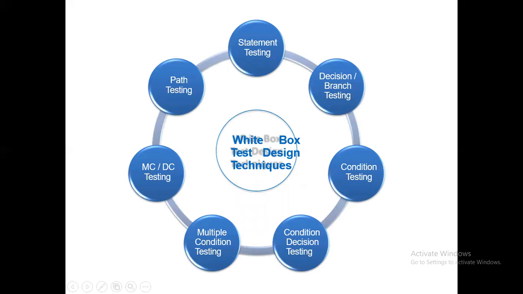Today we will be learning about this set of white box test design techniques: statement testing, decision or branch testing, condition testing, condition decision testing, multiple condition testing, MCDC testing, where MCDC represents modified condition and decision condition testing, and the last one is path testing.